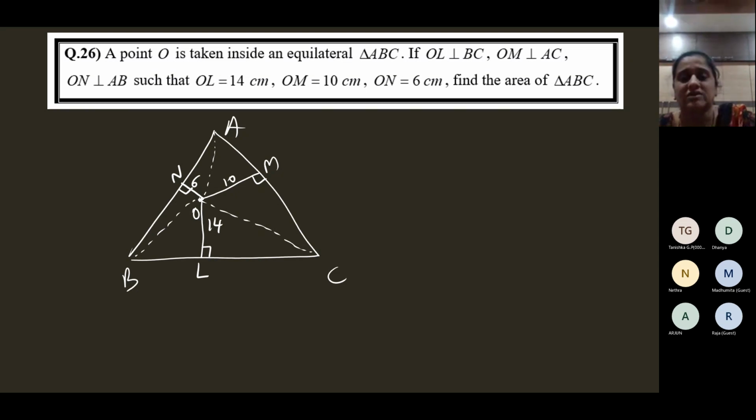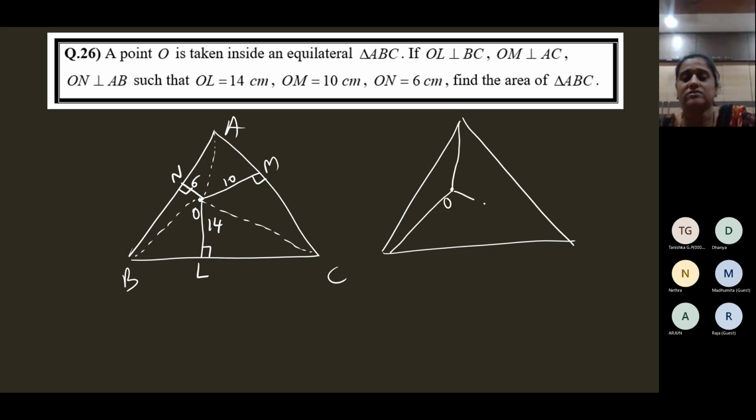I'll show the figure again. When you join OA, OB, and OC, you're dividing the whole triangle into three smaller triangles, AOB, AOC, BOC, correct?